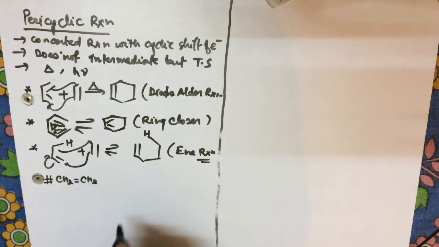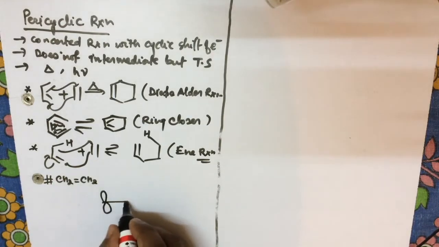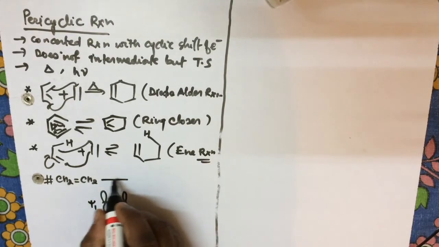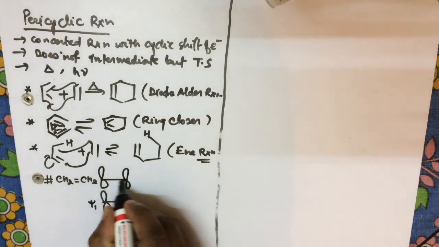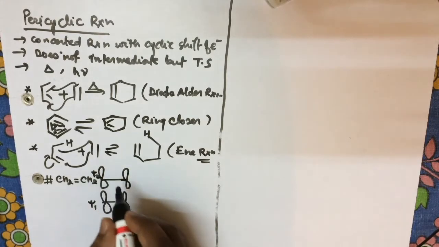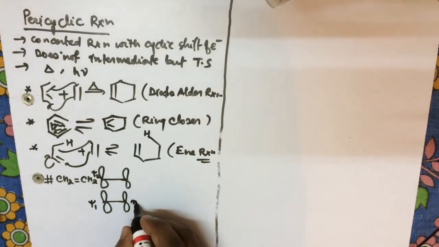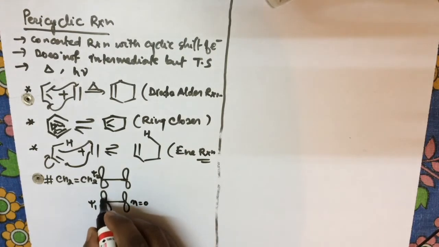So this is for psi 1 and this is for psi 2. For psi 1, n equals 0 nodes, plus.